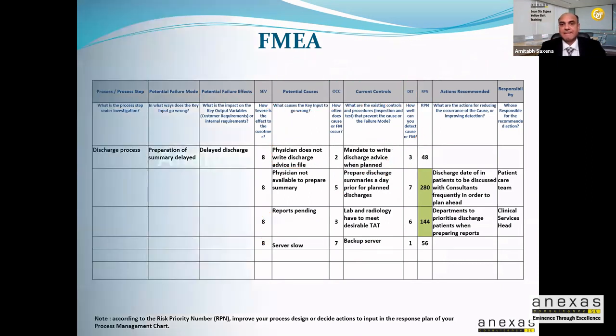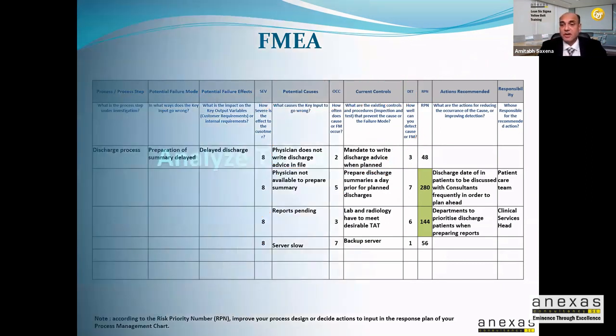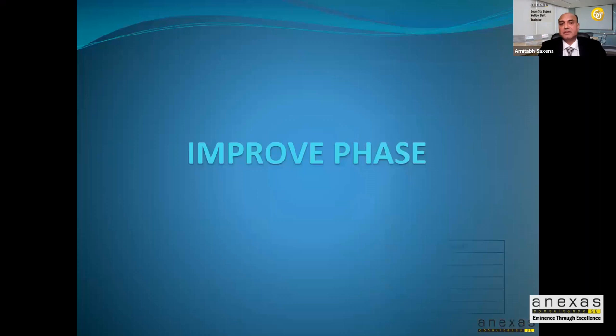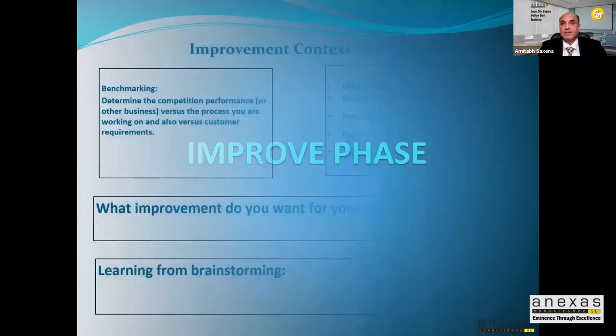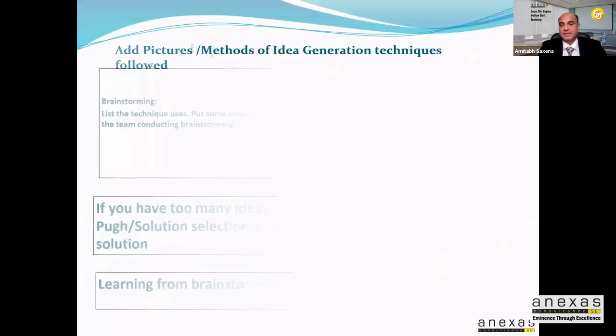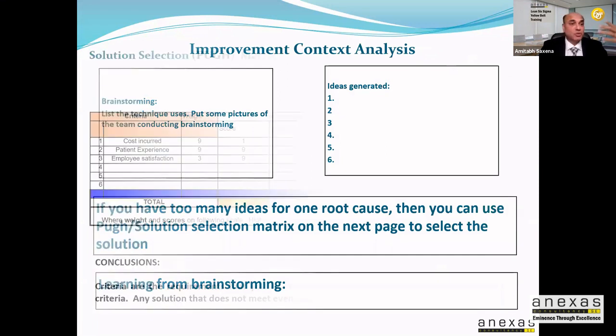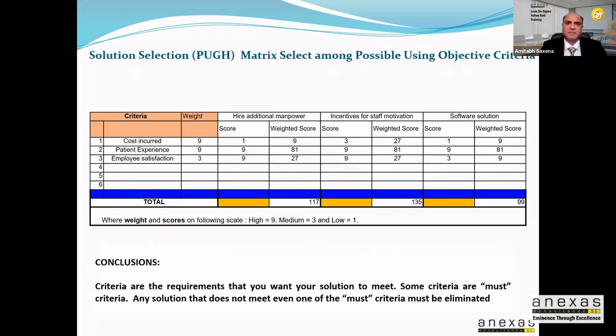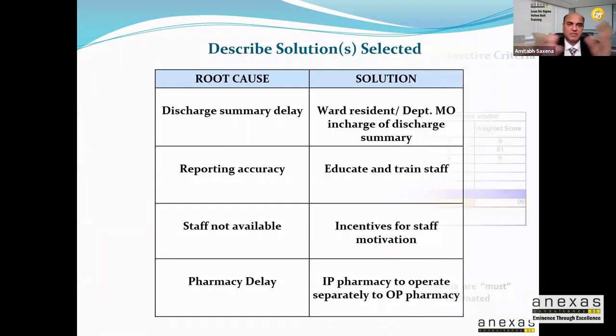That's what they did. Finally, we have got our root causes, and for the root causes we generally give ideas. Once we give the ideas, we choose the ideas. There is another method called the solution selection matrix, which I'll not talk about right now.